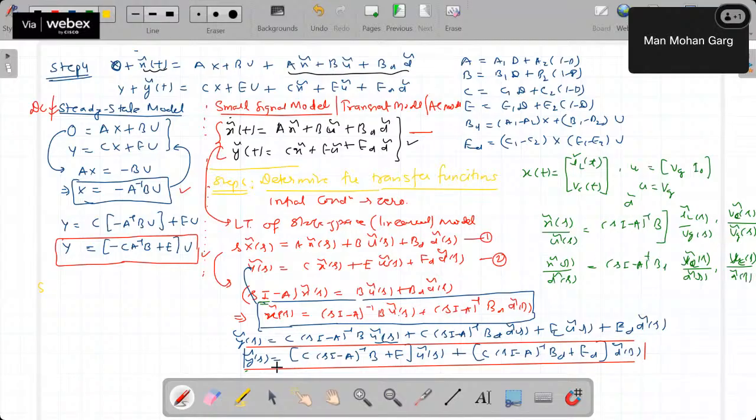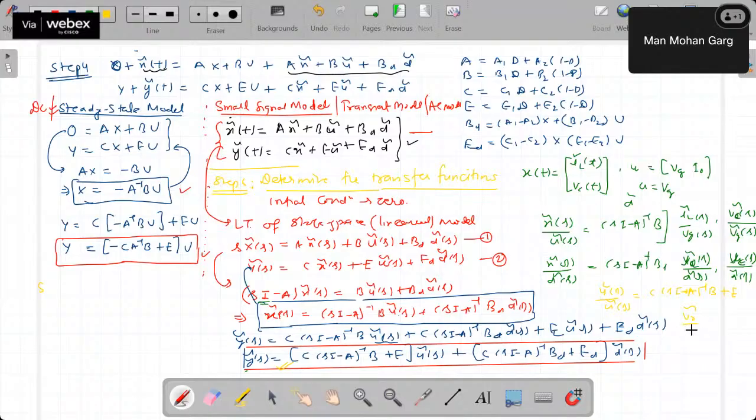Similarly, if you take this equation, you can get Y of s with respect to U of s, which is nothing but C sI minus A inverse B plus E, right? So from here you can get two transfer functions for Y, V output.